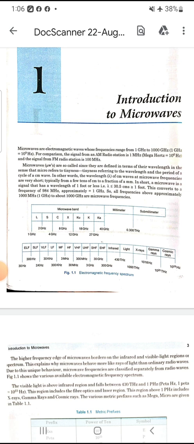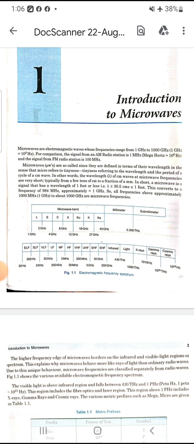The range of extra low frequency is 30 Hz to 300 Hz. Then the second band is SLF, super low frequency. It is also called the voice frequency band. Its range is from 300 Hz to 3 kilohertz.